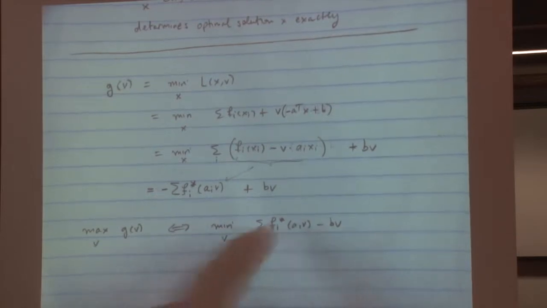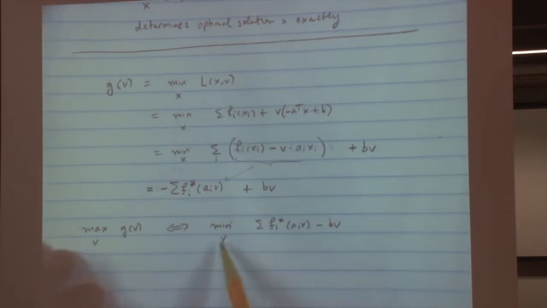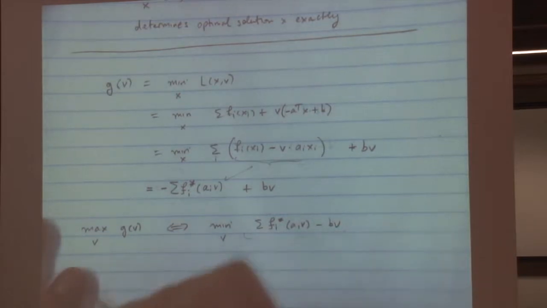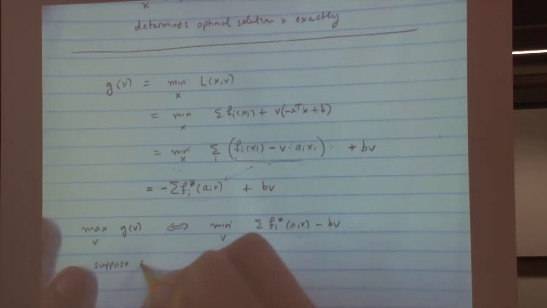That shouldn't have surprised us here because we know that dual problems are always convex. So regardless of what we knew about the convex conjugate, whatever comes out of here has to be a convex function because dual problems are always convex optimization problems. And let's suppose we actually managed to solve this. Suppose we solved it, and the solution was v star.